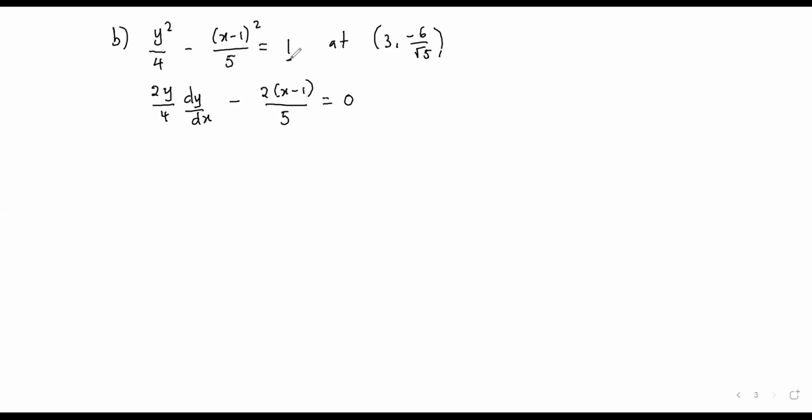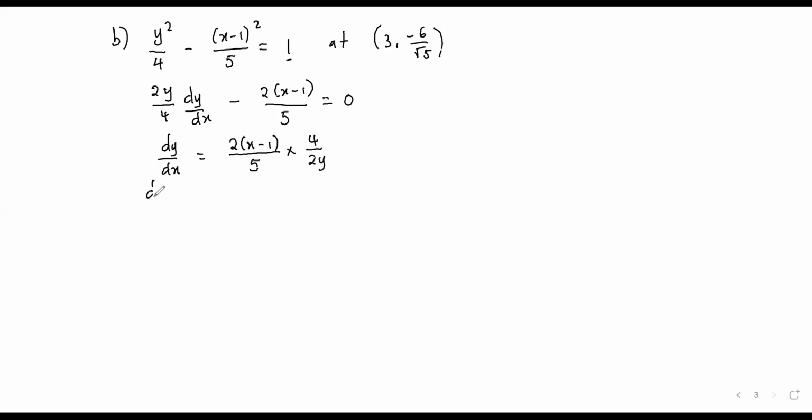So now first we make dy/dx the subject. So dy/dx is equal to 2(x minus 1) over 5 multiplied by 4 over 2y.